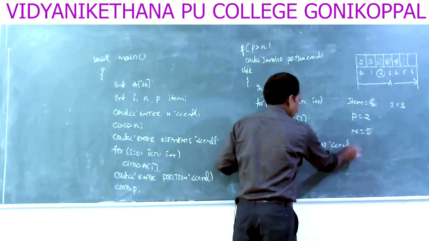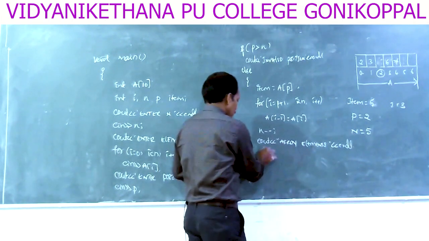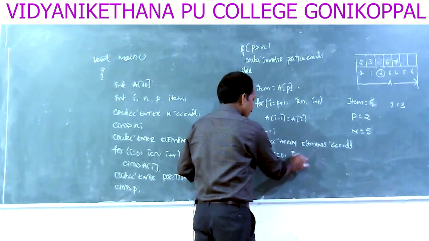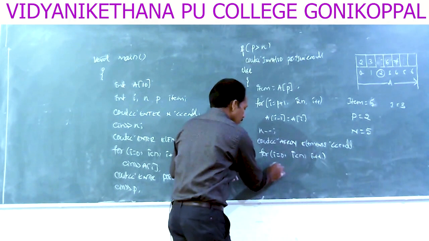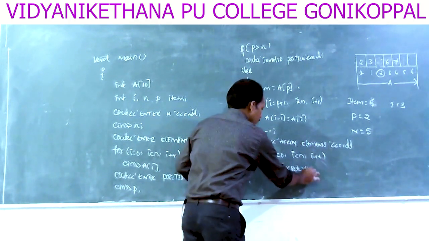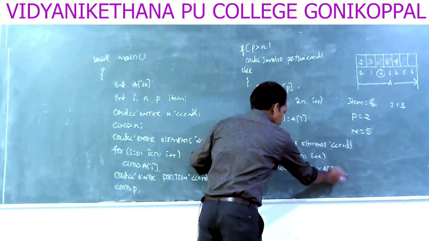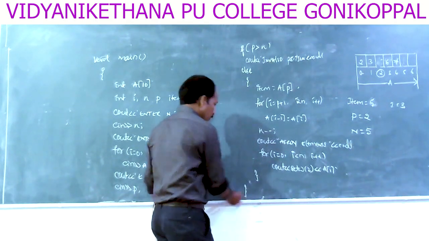I just wrote array elements, since obviously one element will be deleted. Same thing, you display the array: start from 0, i is less than n, i plus plus. Then we'll write cout setw of 2 or 4, you can give as you like so that it looks neater. So that is the end of the else statement, end of program.